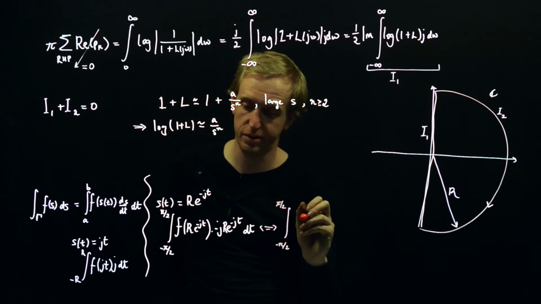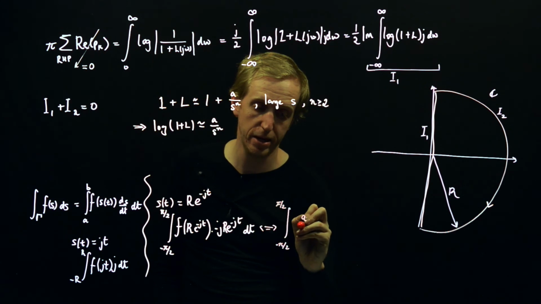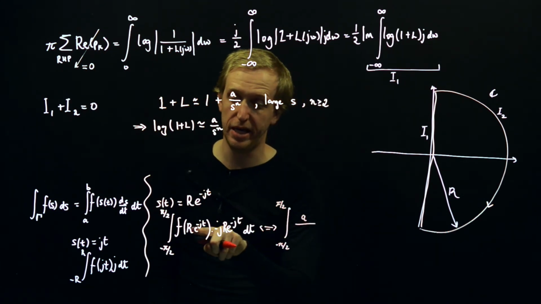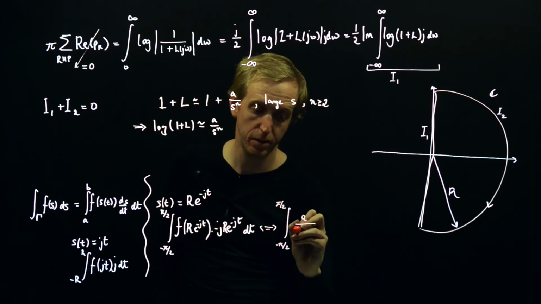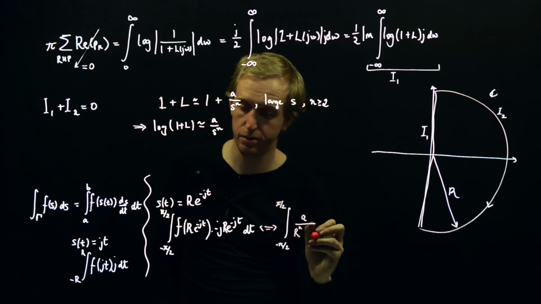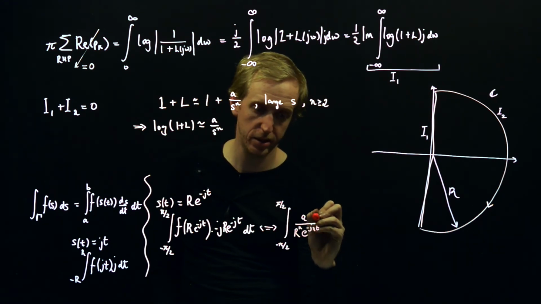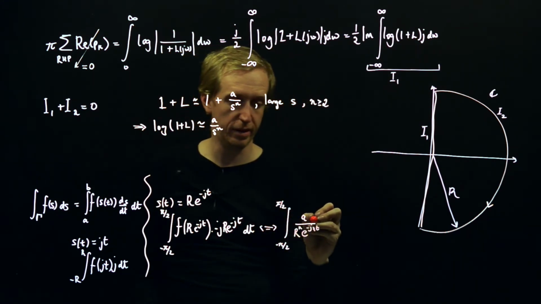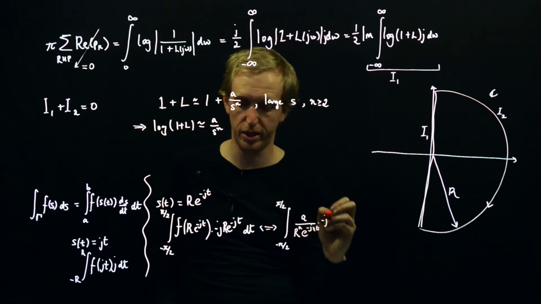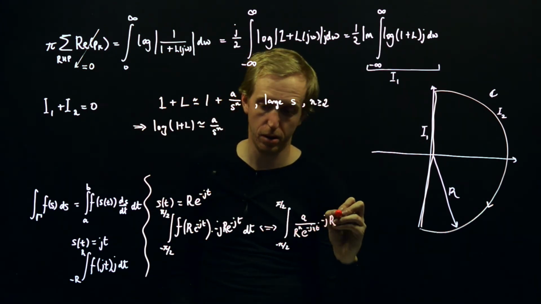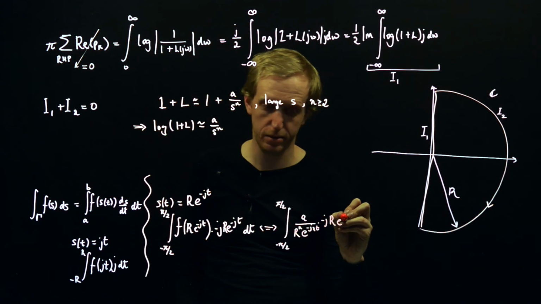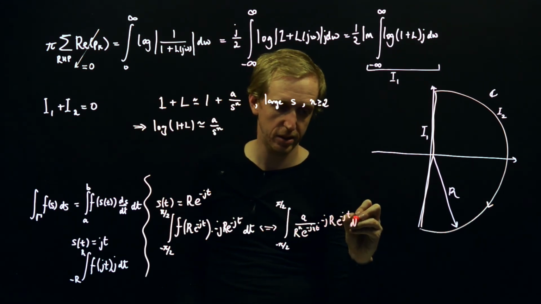And our function is a, and then s is equal to, so we've got an r to the n, and then an e to the minus j n t, and then here I've got minus j r e to the minus j t dt.